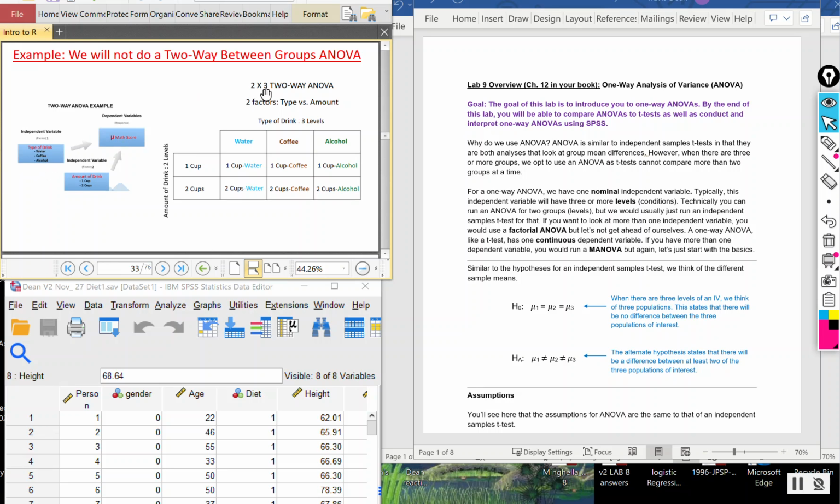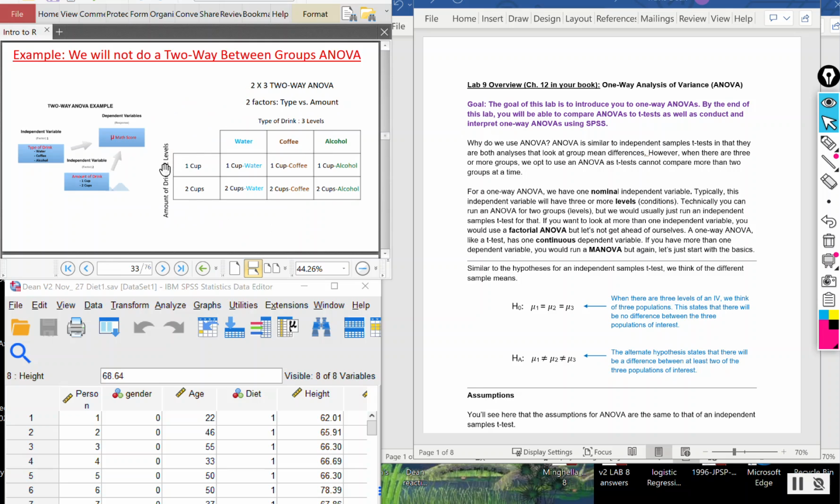Really, as I drew it in this model, it would be a 3 by 2, because we have 3 levels of the first independent variable and 2 levels of the second. But what is usually done is the smaller number goes first and the larger number goes second. Hopefully that's not too confusing, but let's move on.